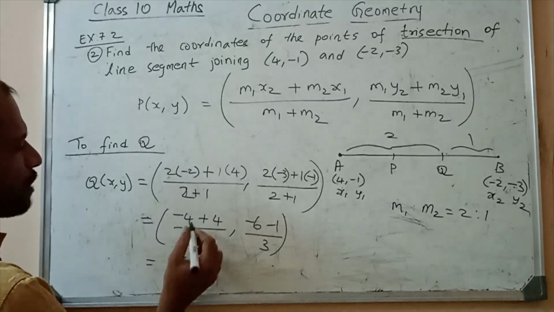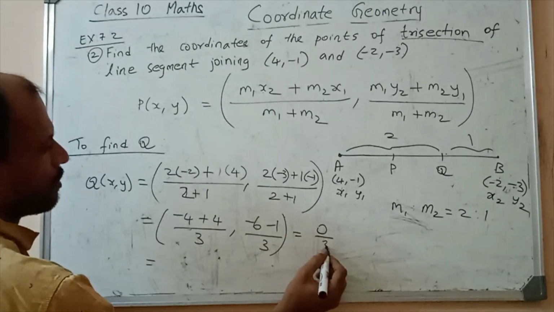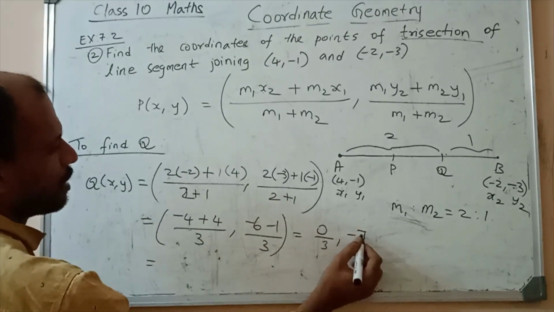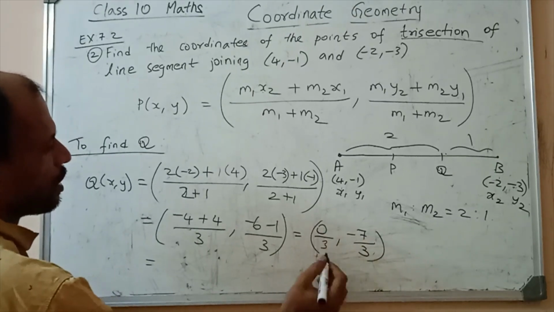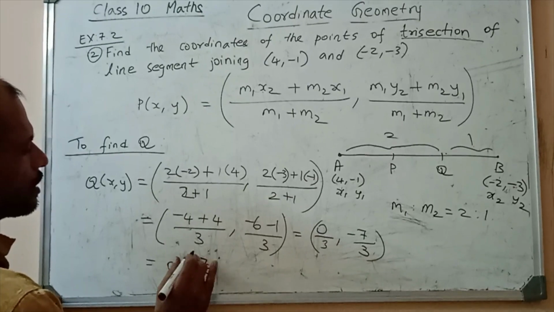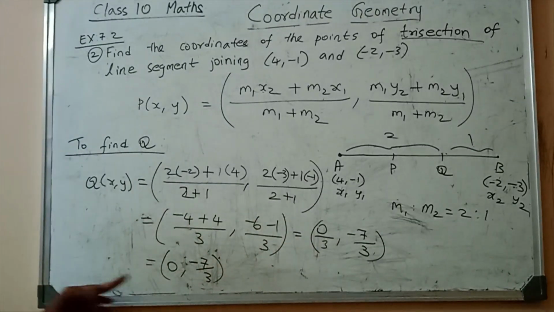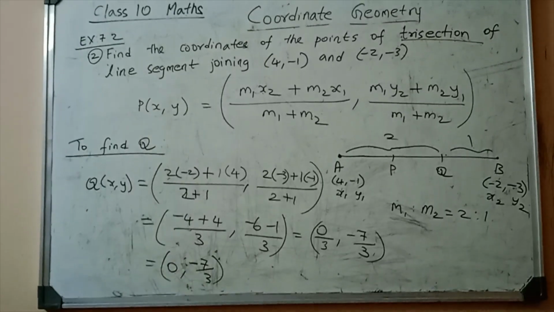So finally it becomes minus 4 plus 4 is 0, 0 divided by 3, comma minus 7 by 3. So 0 by 3 is 0 only and then minus 7 by 3 as it is. So the coordinates of Q are 0 comma minus 7 by 3.